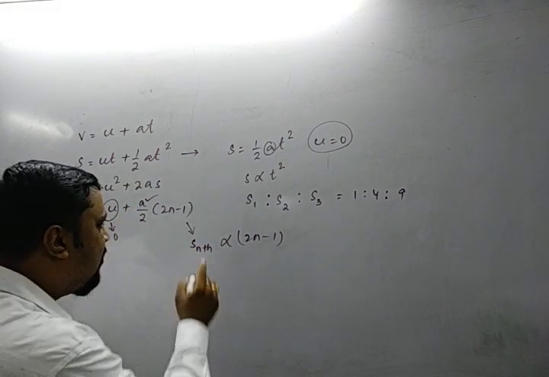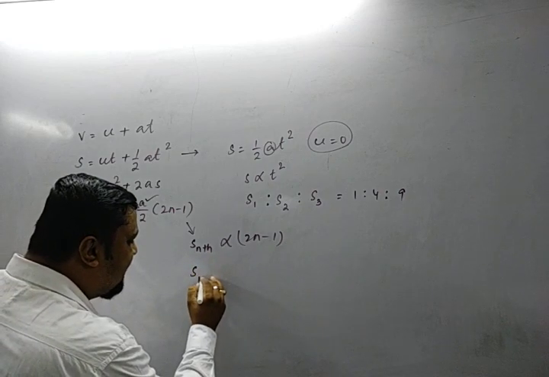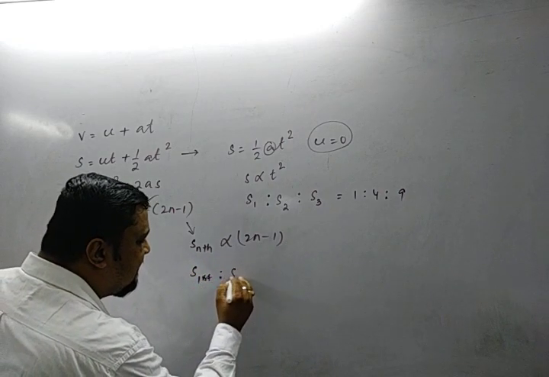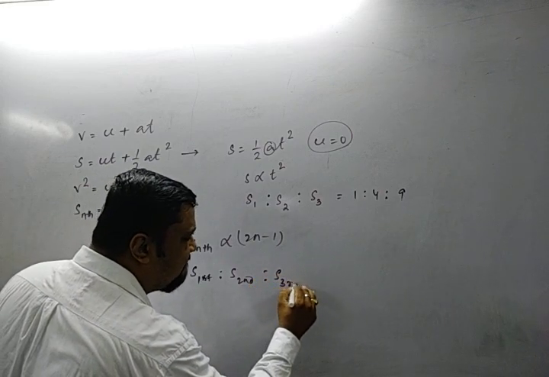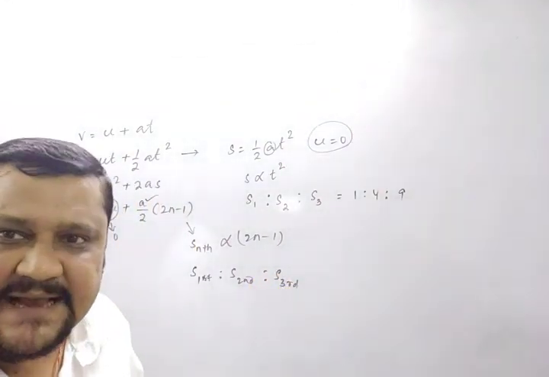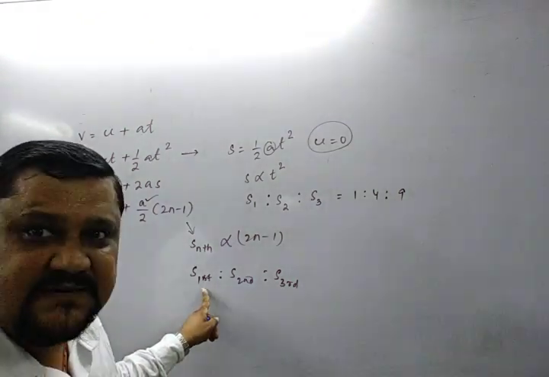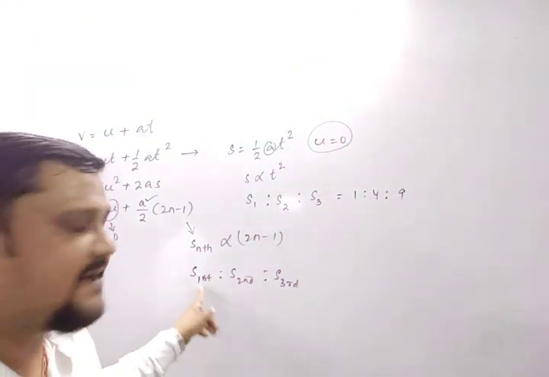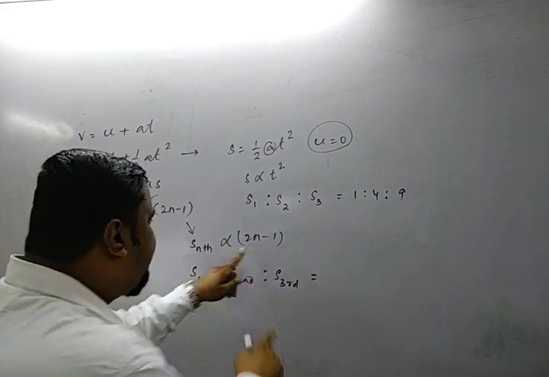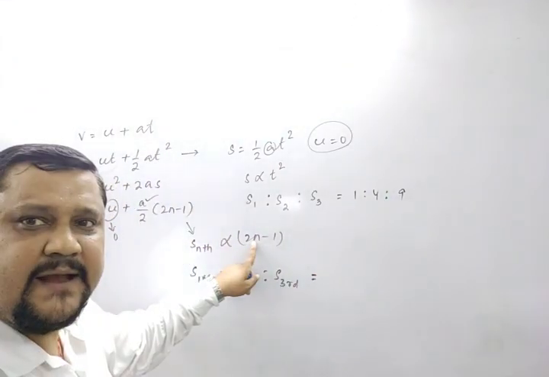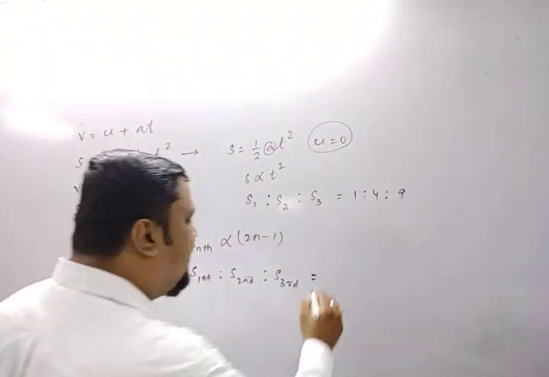So if I ask you what is the distance travelled by the body in the first second, the second second and the third second, we can say that for the first second, 2n minus 1 is 2 minus 1, that is 1.